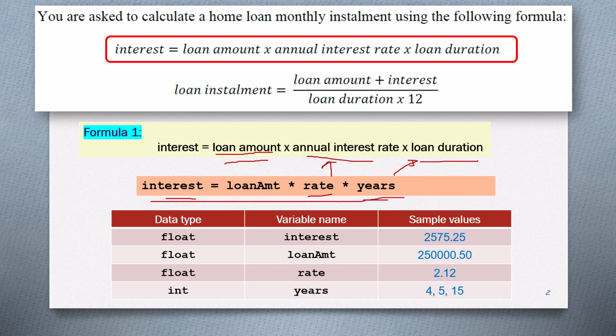For you to be able to decide on the appropriate data type, look at the sample values. First for the interest, the interest is the amount payable by the customer. So in this case, if I were to use this value, notice that this is a floating point value, so you can use float or double.